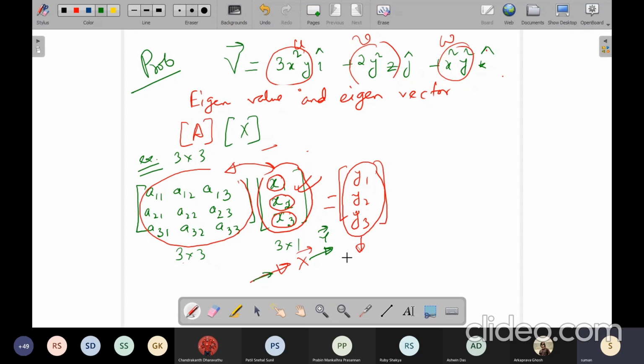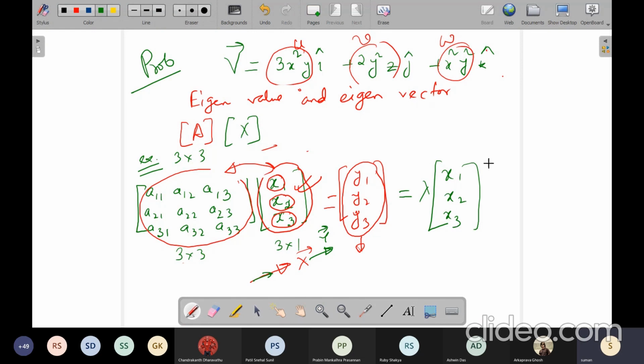It could be less than x, equal to x, or greater than x. Whatever that stretching factor is, if we call it lambda, then we can write y1 as lambda x1, y2 as lambda x2, y3 as lambda x3. Lambda could be less than 1 or greater than 1. If greater than 1, it is stretching, and less than 1 is contraction.